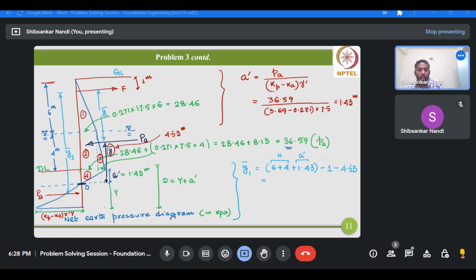This gives you the summation of Y1 bar and Y bar. If you subtract Y bar from this, you will easily get the Y1 bar value. This value would become 10 plus 10 minus 4.53, therefore 5.47 meter.